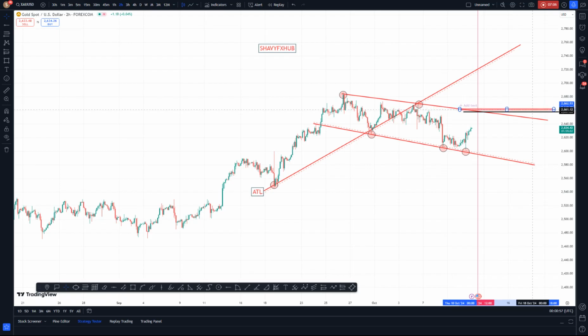But we are not convinced by what we've just done. We need more confirmation. So we will dive in to look at a deeper confirmation to see if price gets to 2,657.86, it will be a sell.